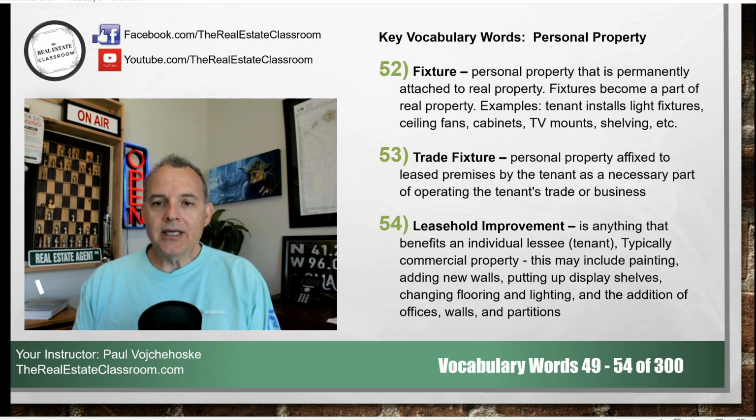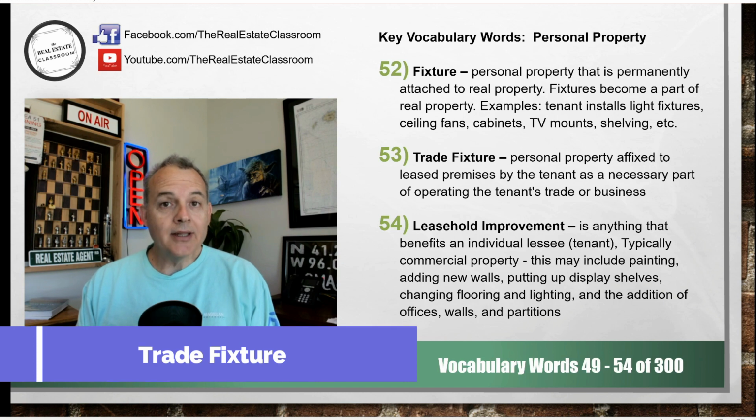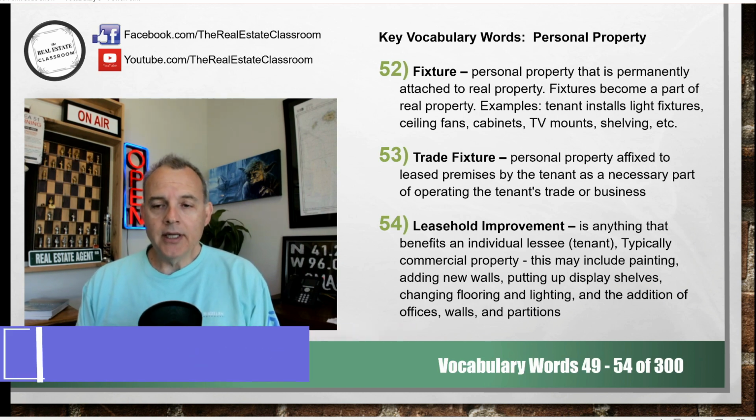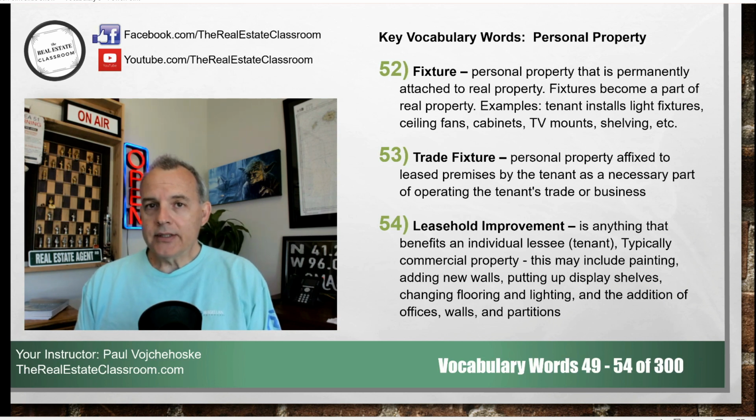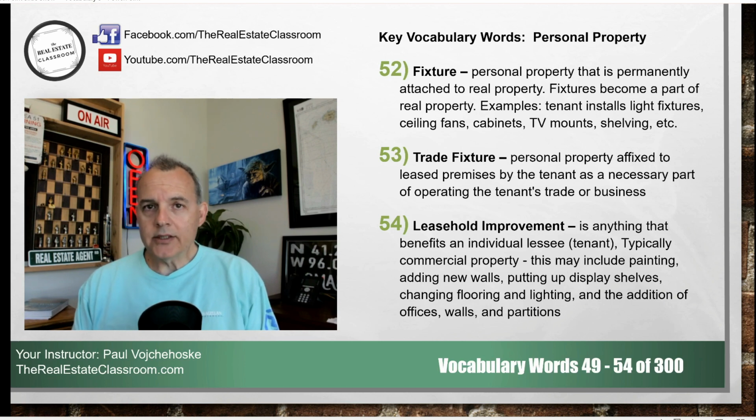Number 53 is a trade fixture. A trade fixture is personal property that is permanently affixed to the real property. However, it still belongs to the tenant, and once tenancy ends, the tenant can remove it. So let me give you an example. Let's say that a tenant rents out a commercial bay for a restaurant.